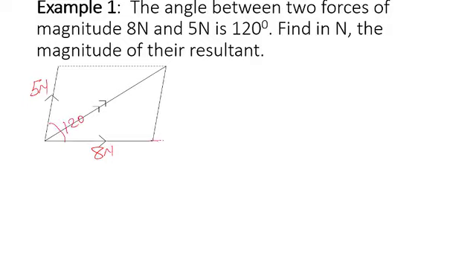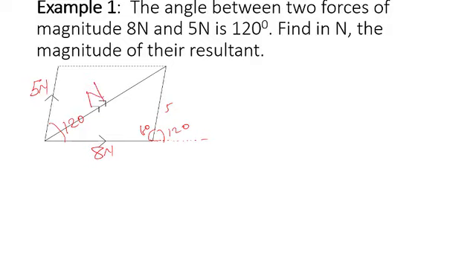But remember, there's a line here, so if this is 120, this point is 60. So our point of interest is 5, 8, and 60. Since the angle between them is 120, find n, the magnitude of their resultant.